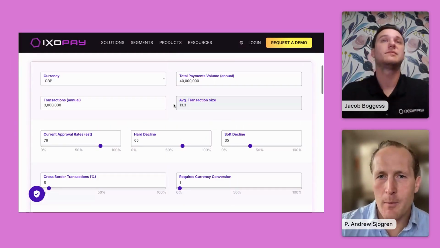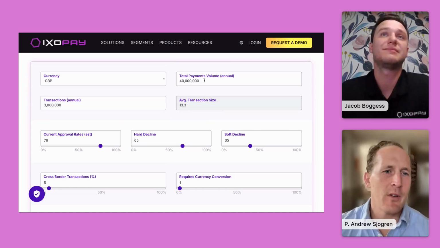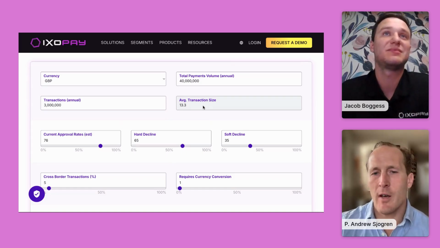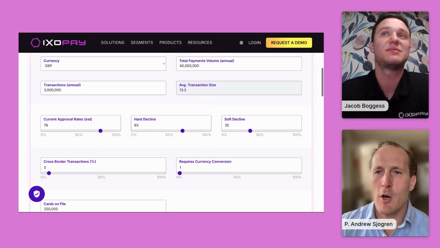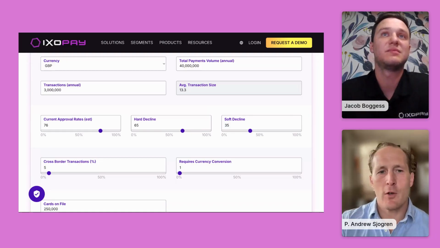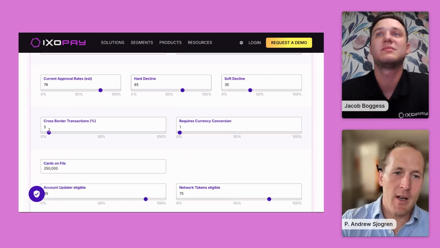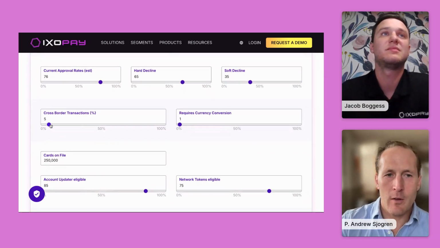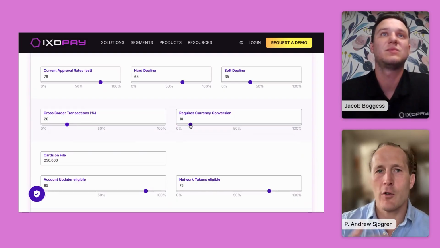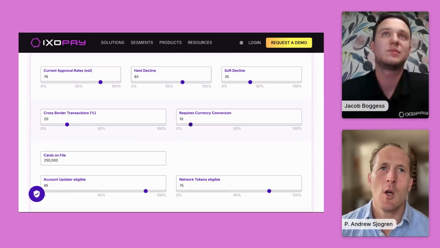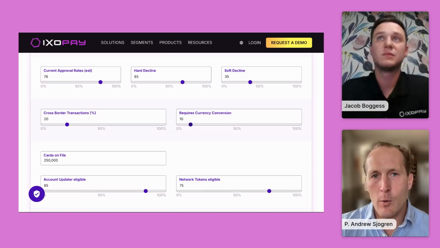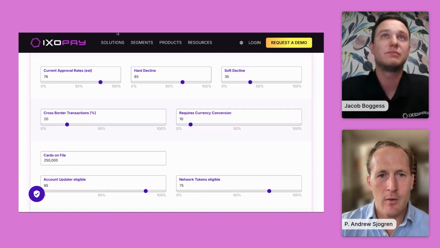So I started dropping some of those inputs in just off the bat. You see that average transaction size is a lot smaller. Maybe being a global SaaS firm in the UK, they're dealing with more cross-border transactions, more currency conversions if they're selling to Euro and USD merchants, perhaps.